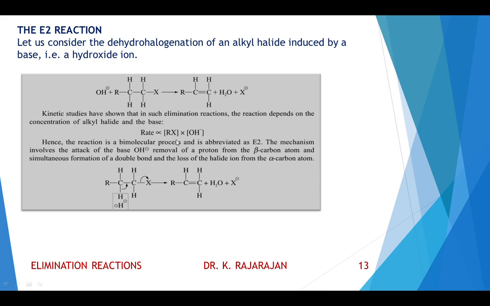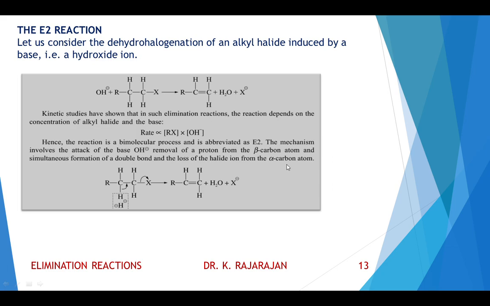So if you write the rate equation for this reaction, then rate is directly proportional to the concentration of the substrate and the concentration of the base. Hence, the reaction is a bimolecular process and is abbreviated as E2. The mechanism involves the attack of the base OH minus, removal of a proton from the beta carbon, and the simultaneous formation of the double bond and loss of the halide ion from the alpha carbon atom.